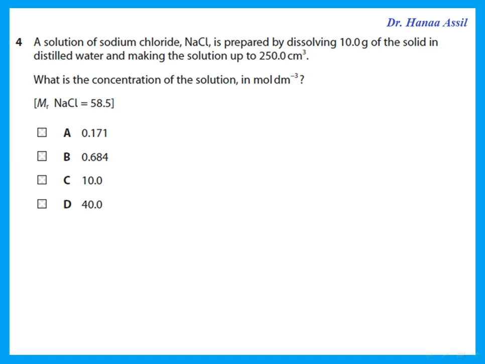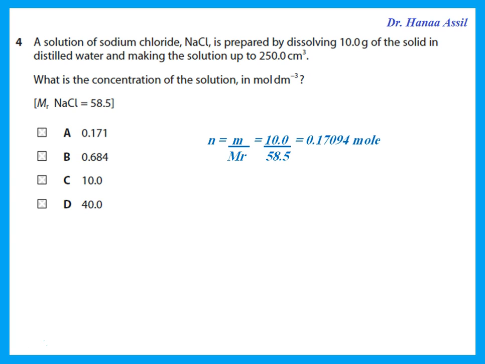A solution of sodium chloride is prepared by dissolving 10 grams of the solid in water, making up the solution to 250 cm³, and he's asking me what is the concentration. Of course, you should know that in order to get concentration, we need to get the number of moles. In this case, he gives me 10 grams.